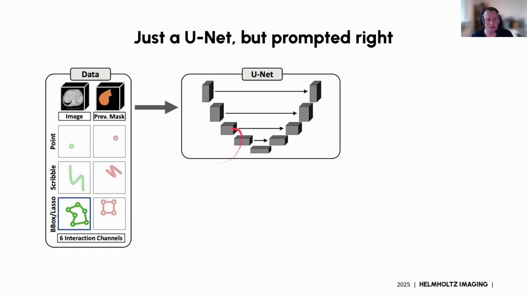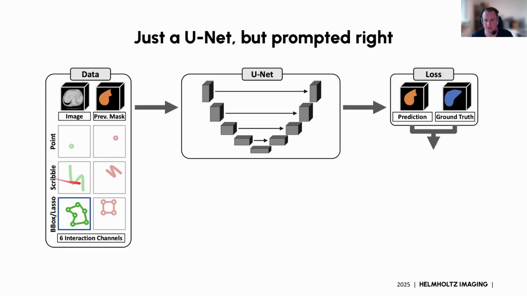So the UNet sees at the very least the image plus 1 initial prompt that indicates the object that is to be segmented. It will produce a prediction based on that. It will consider the interaction to guide what object is to be predicted. And during the training of nnInteractive, this prediction is then compared with the ground truth. And what we then do is we iteratively let the UNet refine its own predictions during training.